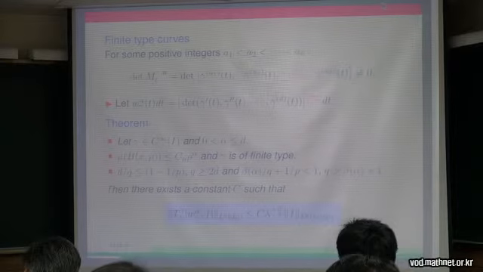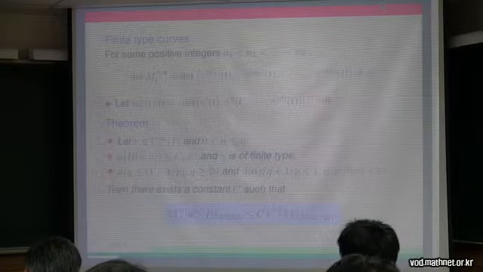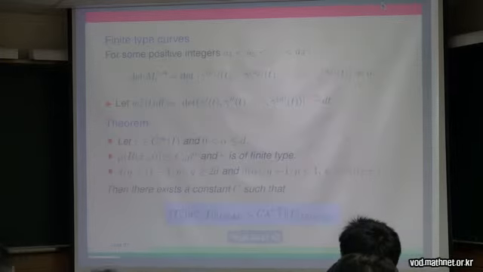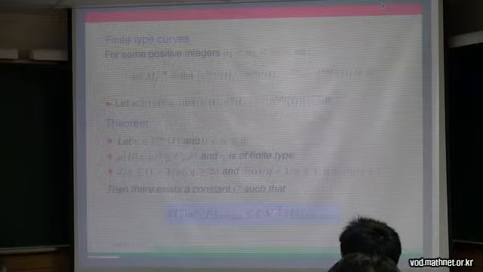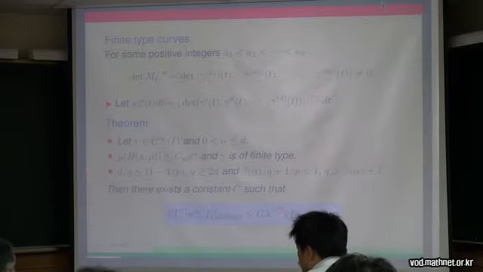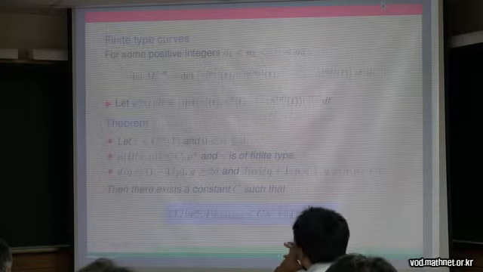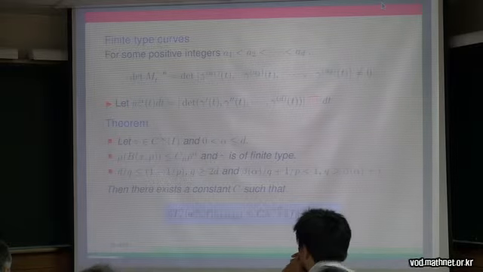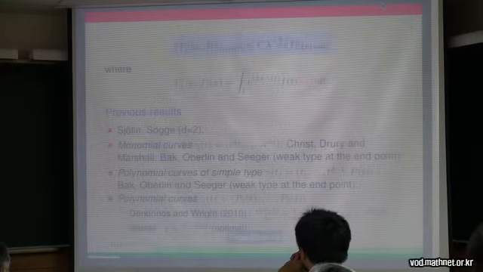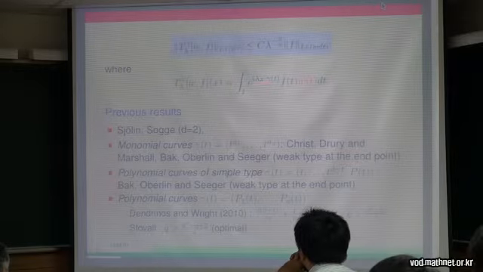So how does this alpha over q arise? It comes from a simple change of variables. Here is the operator.